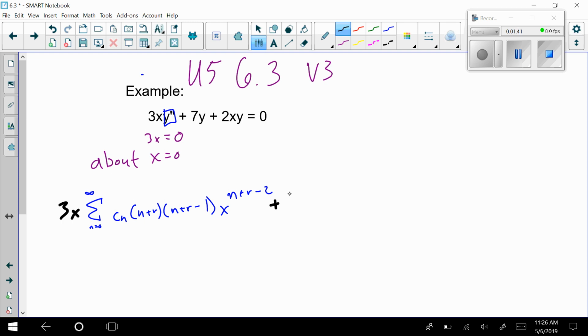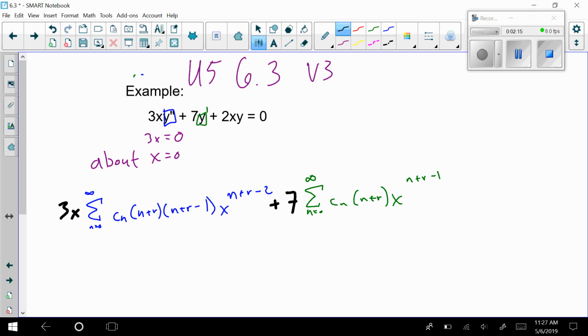Then it's plus 7 times this y, which I see I've misprinted. This needs to be a y prime. So that's the summation of n equals 0 to infinity of c sub n times n plus r, x to the n plus r minus 1.